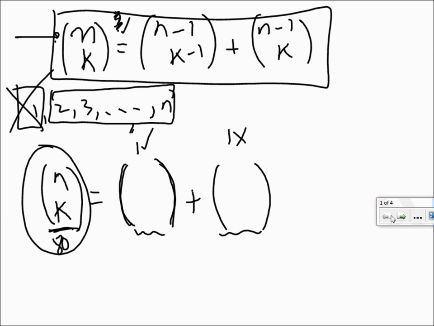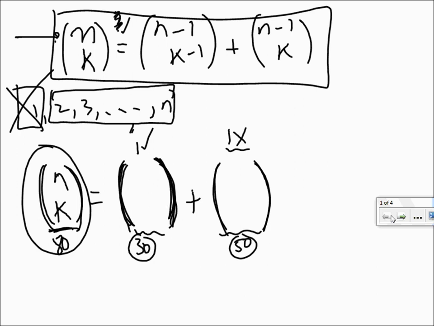Well, some of them will have the 1. Maybe 30 of them will have the 1. Well, then the other 50 will not have the 1. Want that to be crystal clear, that when you add these two, the number of combinations that do have 1 chosen from it, and the ones where you didn't pick 1, if you add them up, you're going to get this.